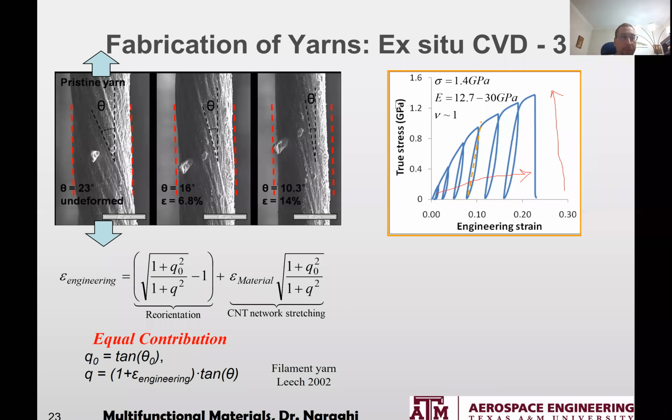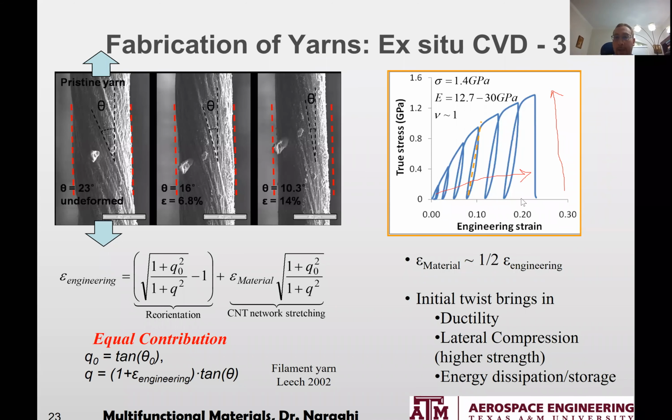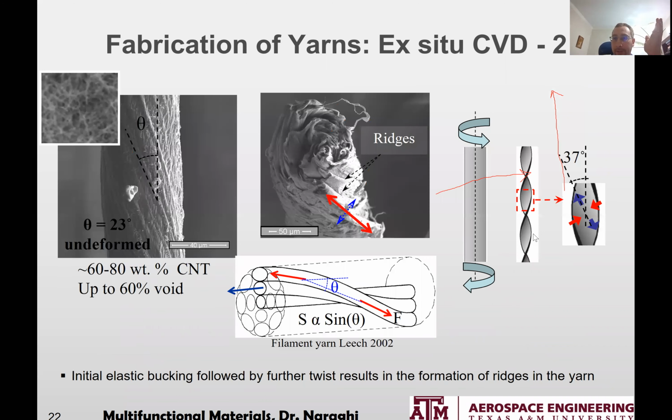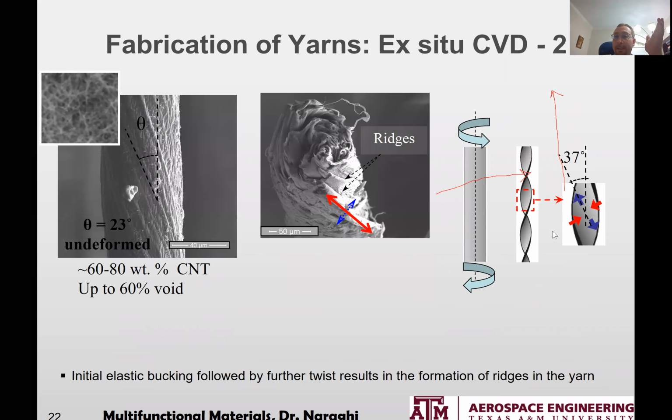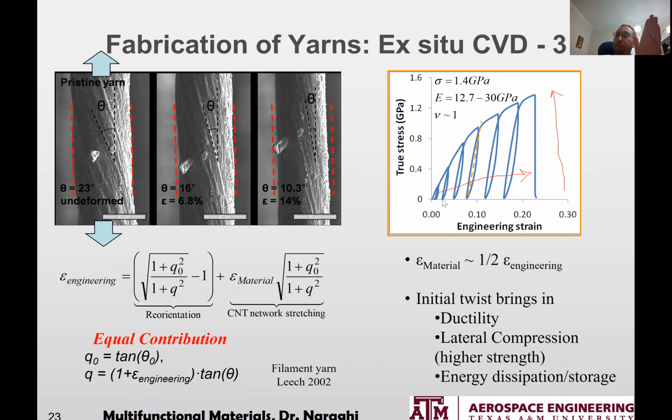But also, we realize that this material strain is only half of the total strain. So that reorientation, which happened because of this buckling, indeed contributes to the deformation of the material, because this guy is reoriented and stretched.